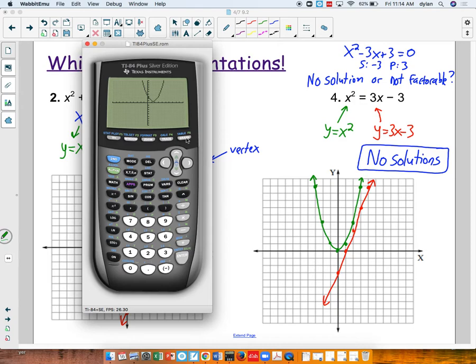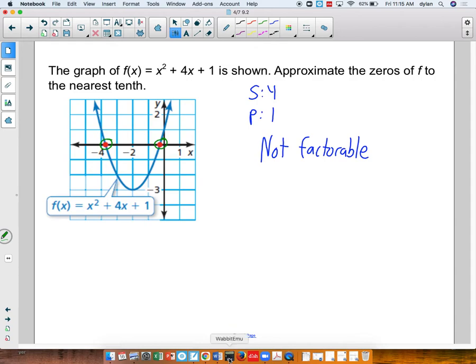It's because the parabola is upward facing, but above the x-axis, so it never crosses the x-axis. It has no x-intercepts. So this is an example of one that really does have no solutions. But if we go to our next example, you can see that there clearly are solutions, but it's not factorable. Which is sort of a limitation of our earlier method. We don't know if something is not factorable or if it truly has no solutions.